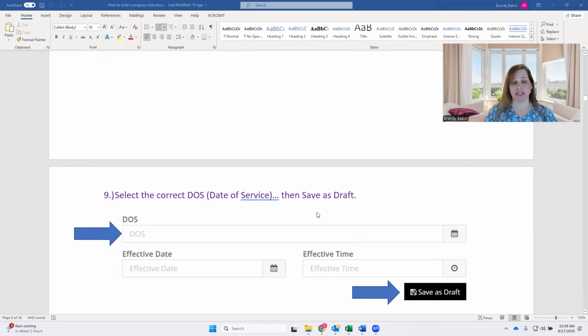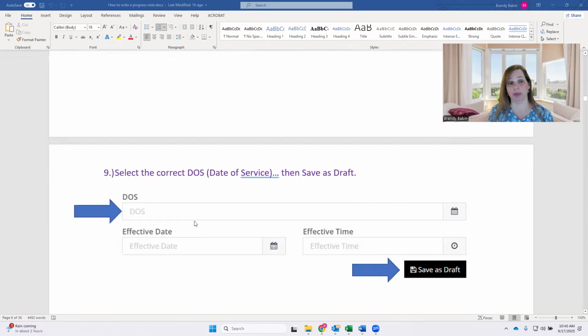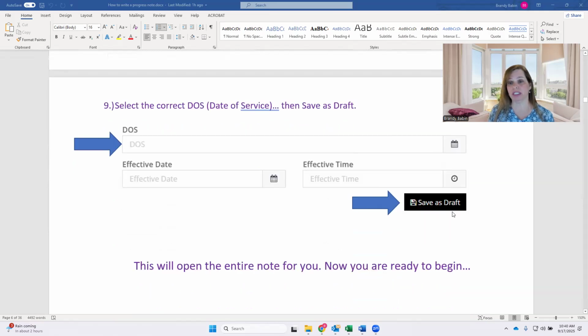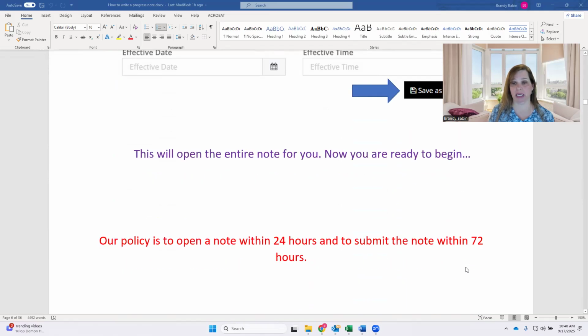We're asking that you open up your notes within 24 hours and then submit them within 72 hours. Your date of service should be today, but if you didn't finish yesterday, you're going to open it up for yesterday's date, because that's the date of service. Then you're going to save that as a draft. Once you save it as a draft, your whole note will open for you and you're ready to begin.